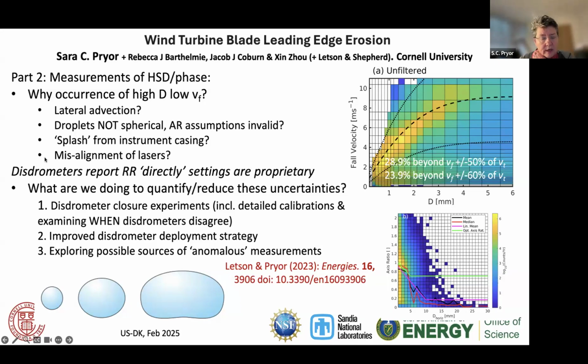What are we doing? Well, before I go on to that, I should say, if you're from the atmospheric science community like me, usually we process disdrometer data and say that if a droplet is falling outside of our expected bounds around the terminal fall velocity from Gunn and Kinzer, so plus or minus 50%, sorry, plus or minus 60%, then we throw it away.